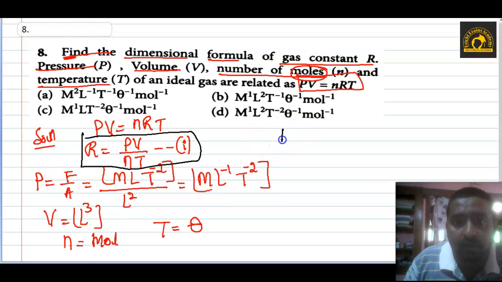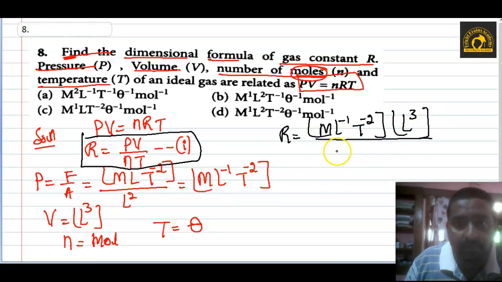So then R is equal to, P's dimensional formula is M L minus 1 T minus 2 into V, which is L cube, divided by the dimensional formula for n, which is mole, and the dimensional formula for temperature, which is theta.